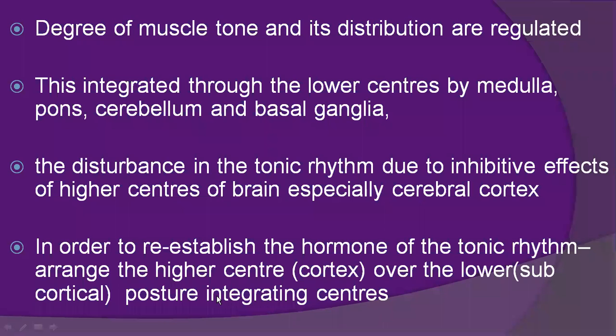Through your lower, you can control your higher. You can re-establish your higher centers of the brain. Here the concept is like this: actually, we are going from down. Through practicing asanas, you can control your lower brain. Through the lower brain, you can control your higher brain, which means you can re-establish.